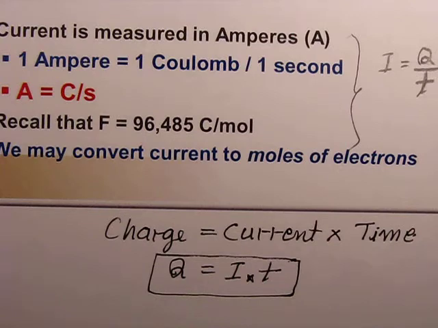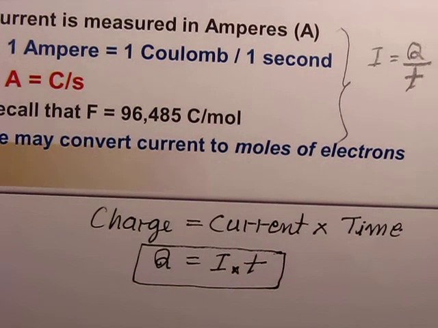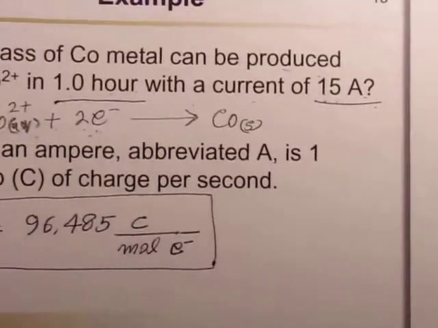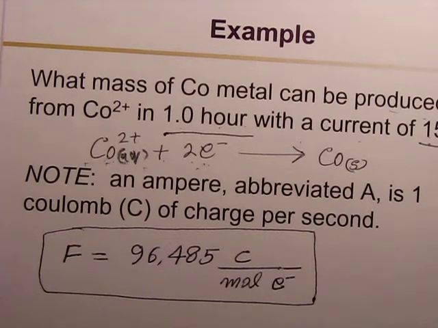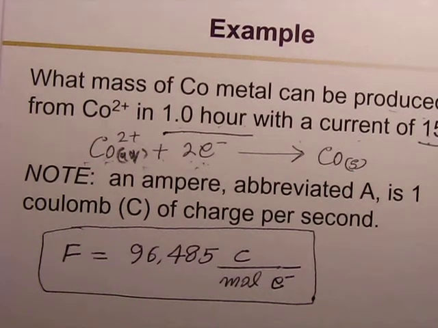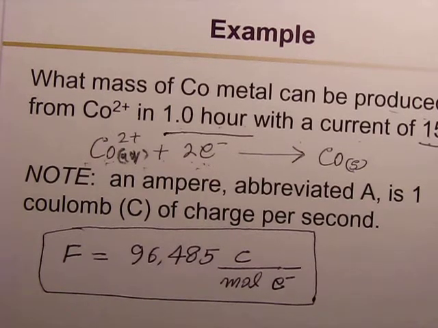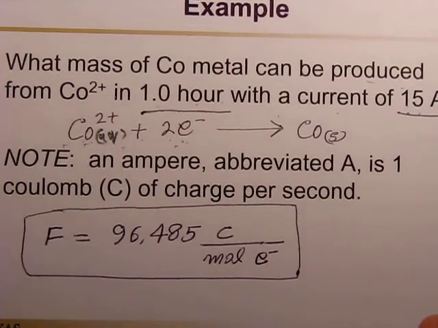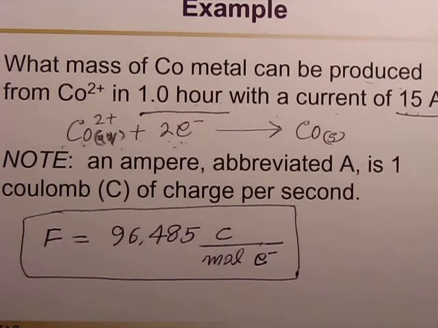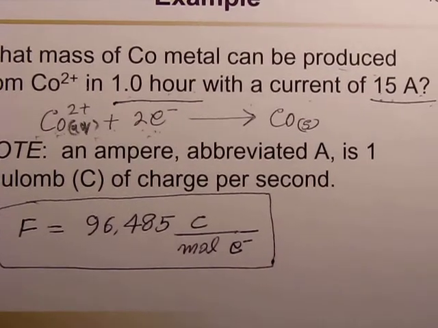So let's take one example so that we can understand how to solve these types of questions. The first example is here; you can read this question a little bit and then we'll start. What mass of cobalt metal can be produced from cobalt ion in 1 hour with a current of 15 ampere?